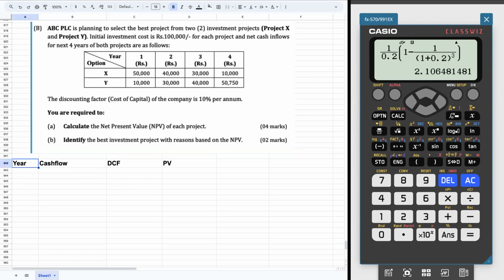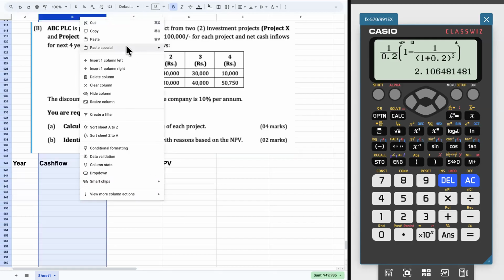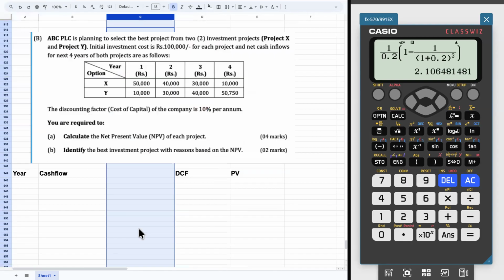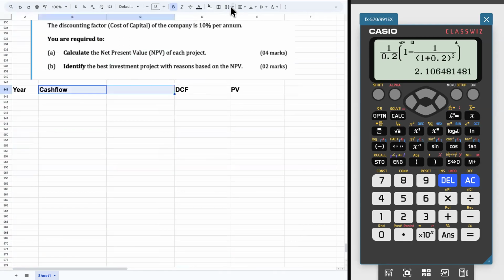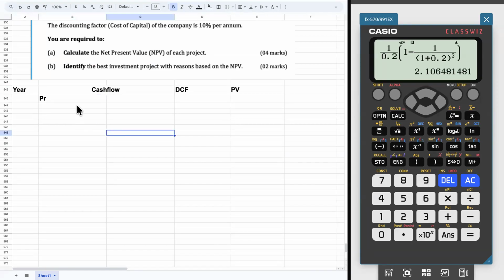So what I'm going to do is, rather than calculating the first one in this table and again creating this table for the second one, we are not going to waste the time. What we will do is insert another column, and I'm going to have the cash flows of these two projects in one table. This is the cash flow from project X. This is the cash flow from project Y. And the discounting factor is the same.